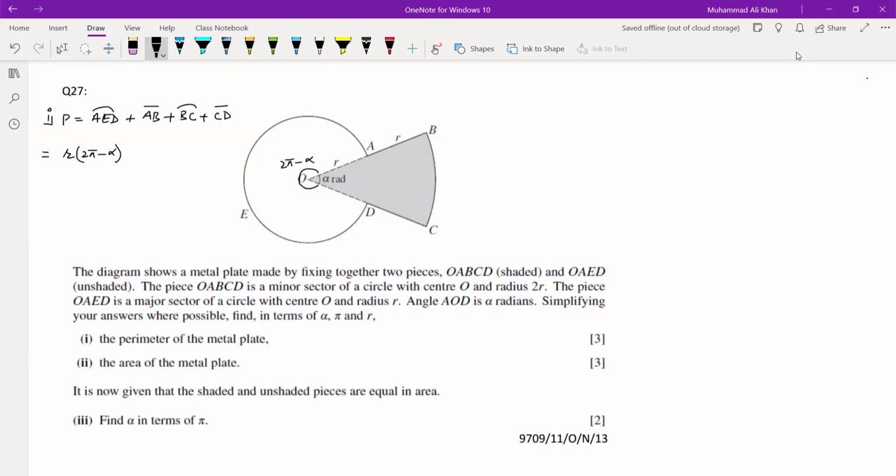Now, after that, AB is R, so CD is also R. What is BC? Arc length, R theta.